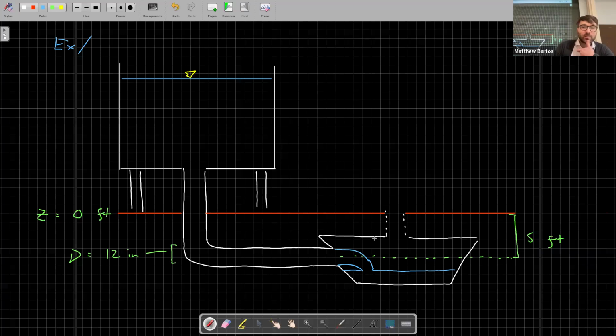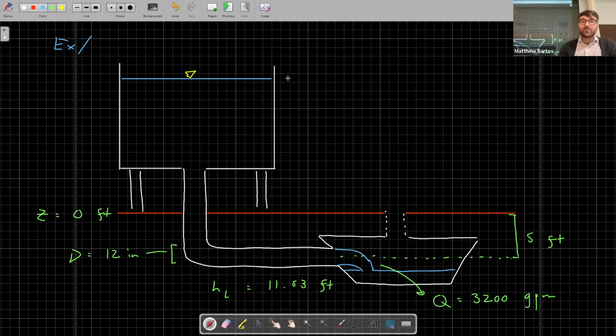The flow rate coming out of the pipe, so there is a flow rate out of the pipe, and it is going to be Q equal to 3,200 gallons per minute. And let's say we happen to know that there's a head loss through this pipe of 11.53 feet.